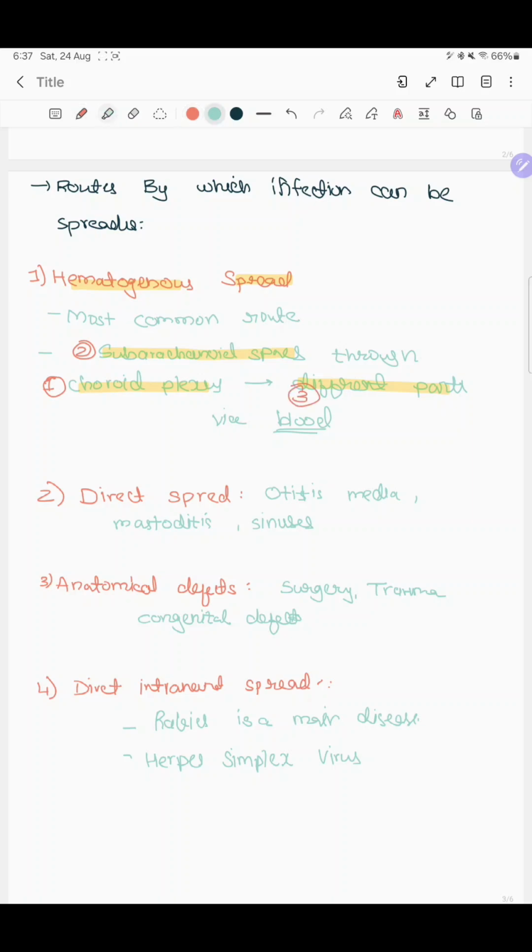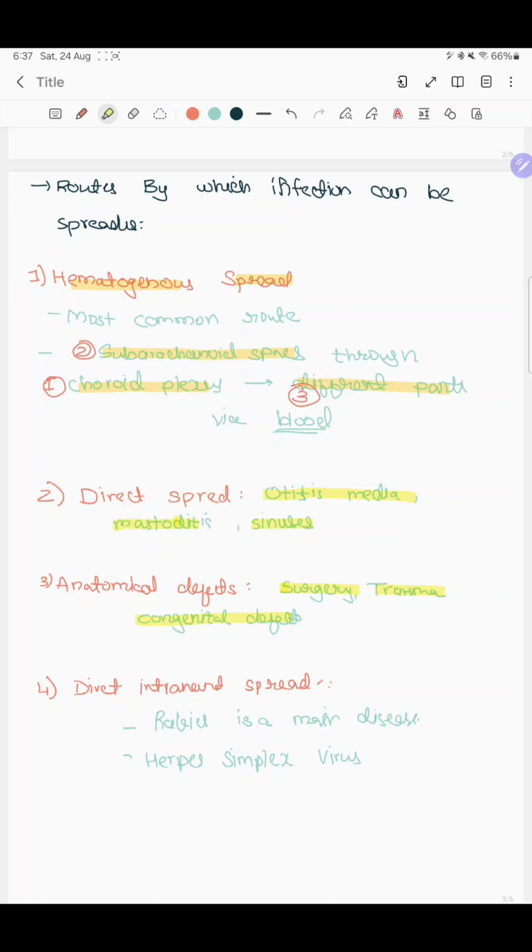The second is going to be the direct spread. It affects parts of the body, like the mastoid process, which can cause mastoiditis. It can affect the sinuses, which can cause sinusitis, or the ear, which can cause otitis media. The third is any anatomical defects which can cause infection, like during surgery or trauma or any congenital defects from birth.